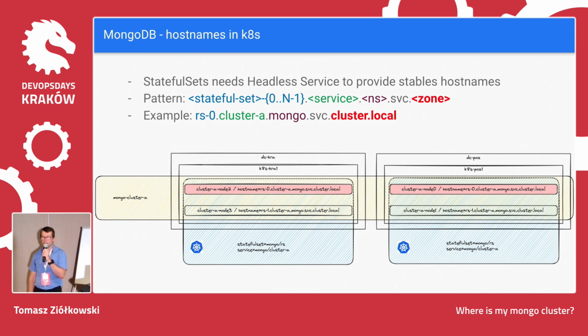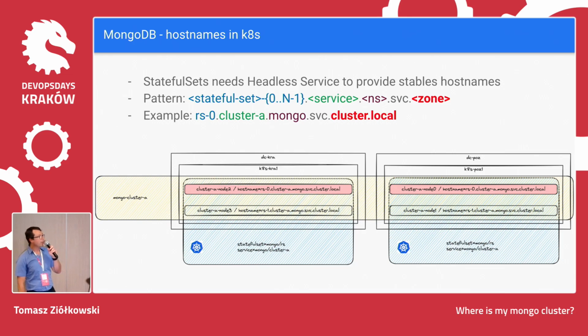However, if we have two Kubernetes clusters and we spawn two stateful sets with the same name, we will have conflicting names, because by default, Kubernetes clusters have the same zone name. The zone name is the suffix of the host names, and by default, this is cluster.local.